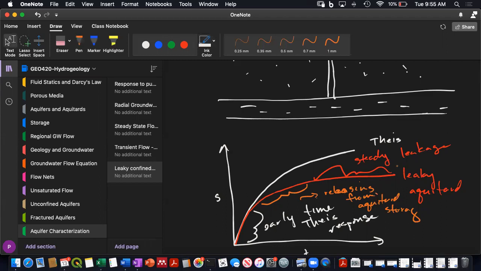And it's because whatever is on top there is not really acting as a pure confining unit. We'll also look on Thursday at the expected response from an unconfined aquifer, which basically looks like this for a while and then has another response.